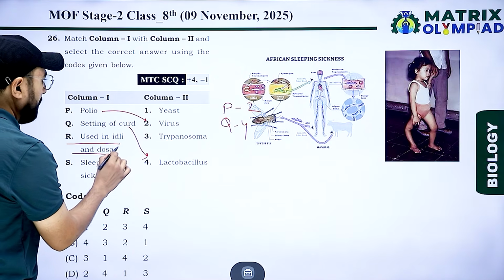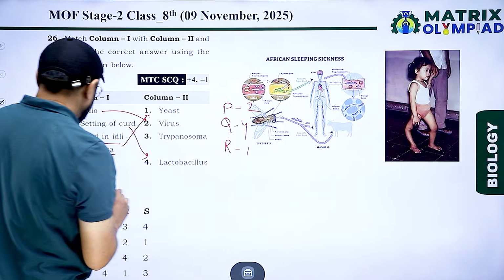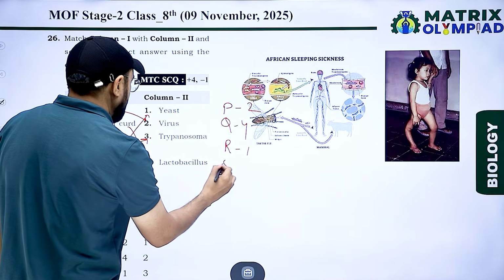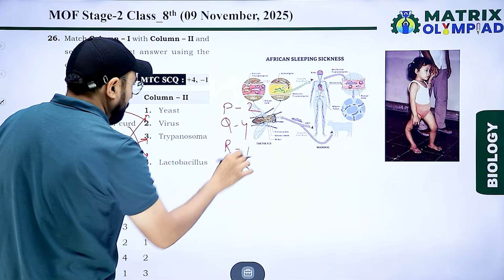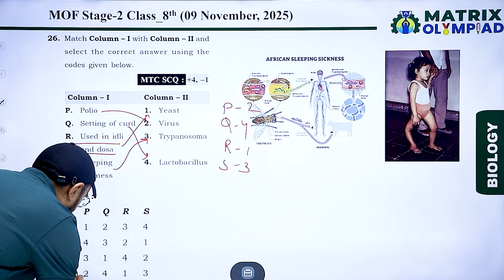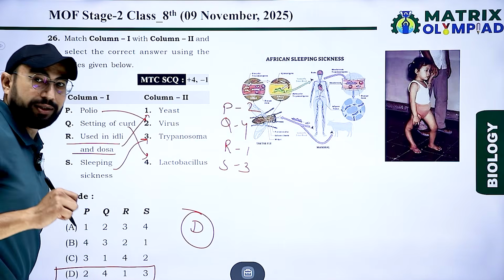Idli dosa, yeast, R is 1. Sleeping sickness, trypanosoma, S is 3. So 2413 is option D. Option D is the right answer for this question.